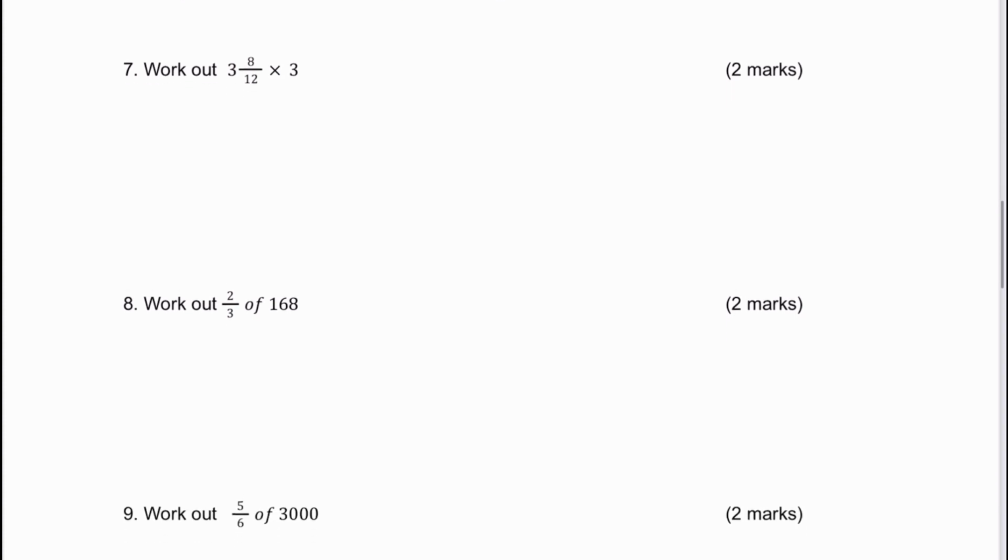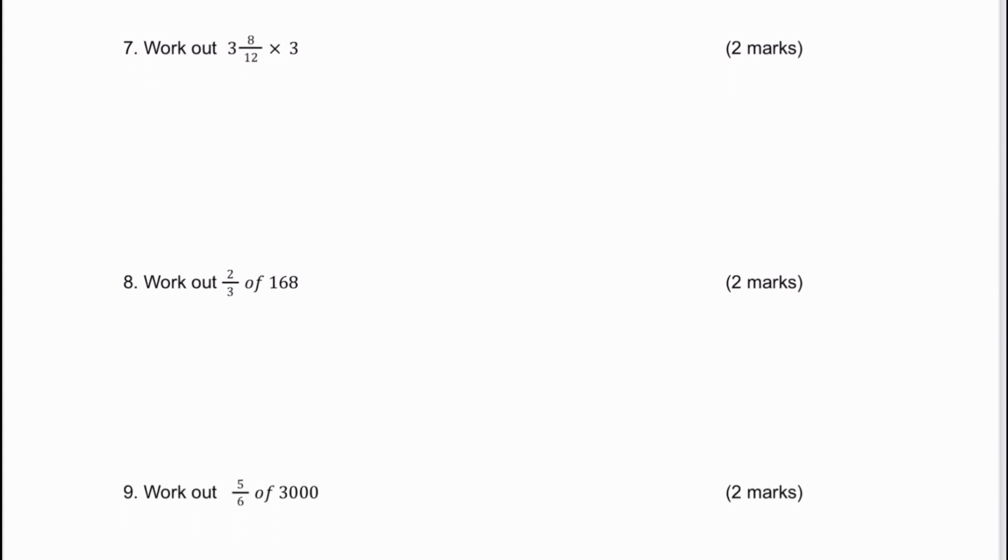Okay, let's have a look then at question number 7. So on question number 7, I've got 3 and 8 12s. Okay, I've got a feeling that should actually be 2 and 8 12s. I'm so sorry. So 2 and 8 12s. Well, that's going to give me 2 times 12 is going to be 24. 24 plus 8 is going to be 32 over 12, and I'm going to multiply that by 3.